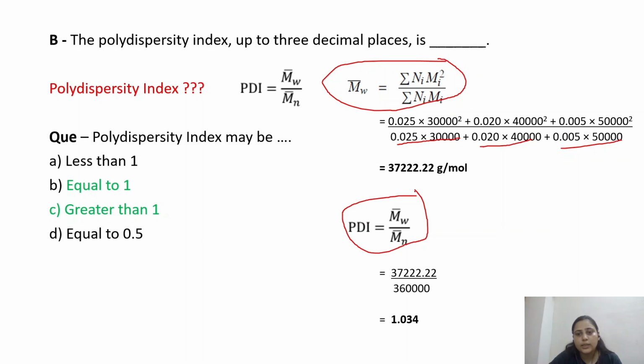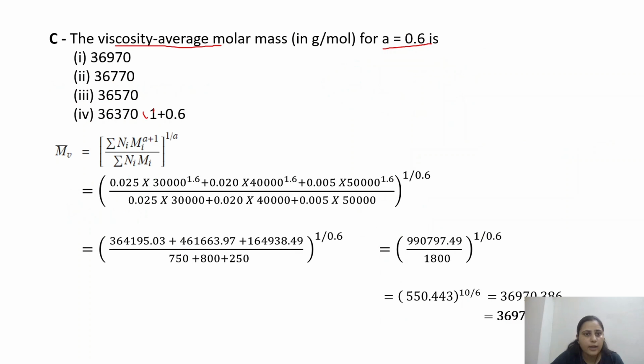So here, I tried to calculate the A value. As we know, the viscosity average molar mass formula is already given, which we already know.